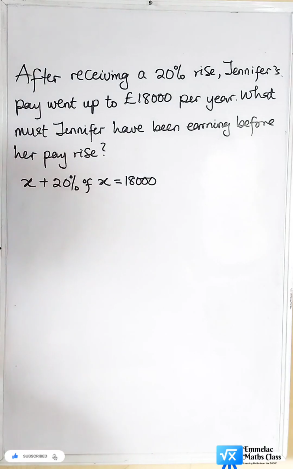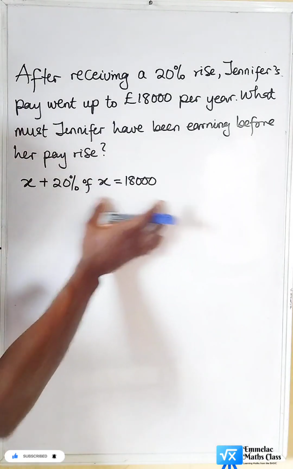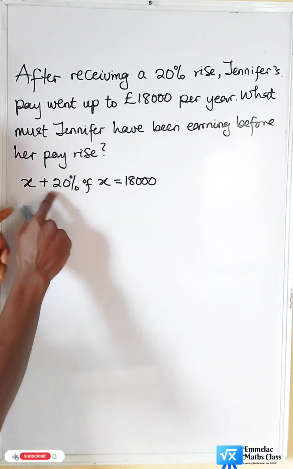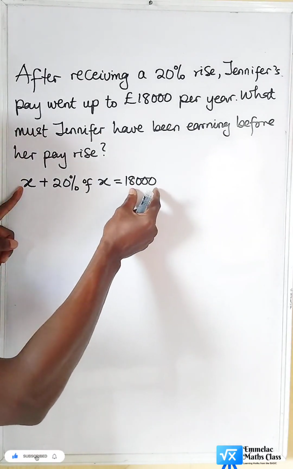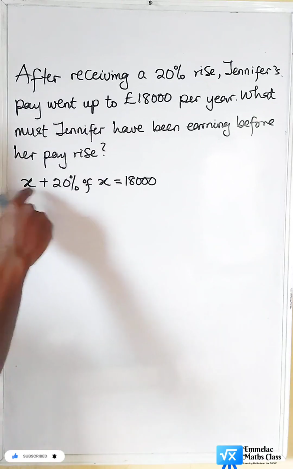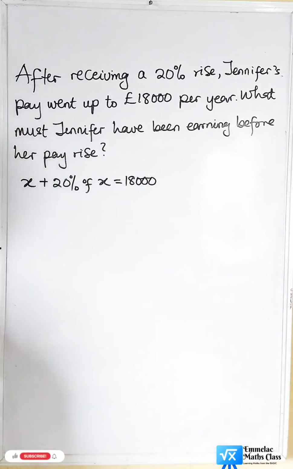This is just the summary: the initial plus the 20% of the initial gave us 18,000. Now let us solve for X, which is what Jennifer was earning before the pay rise.